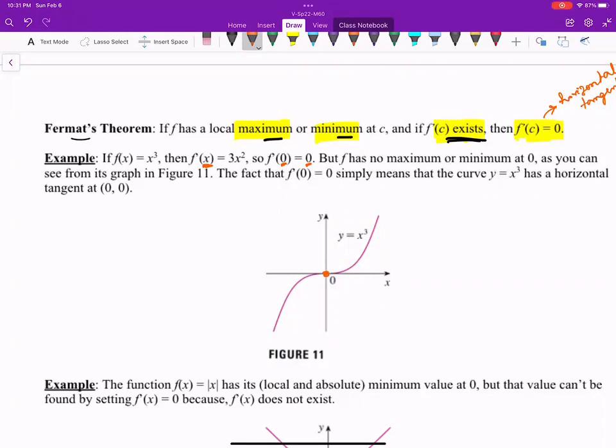This is because the derivative equal to 0 doesn't mean the graph has a local max or min. The converse of Fermat's theorem is not true. If f has a local max or min at c, and the derivative exists, then the derivative will be equal to 0. But the converse need not be true.